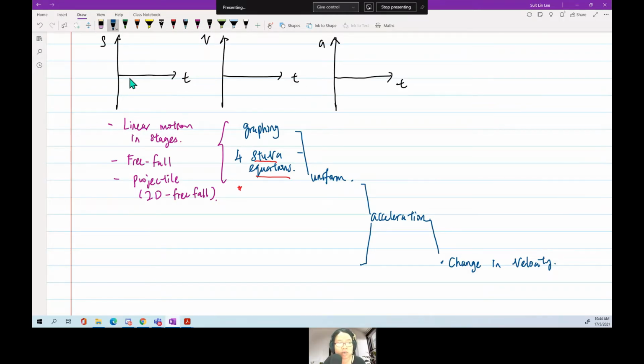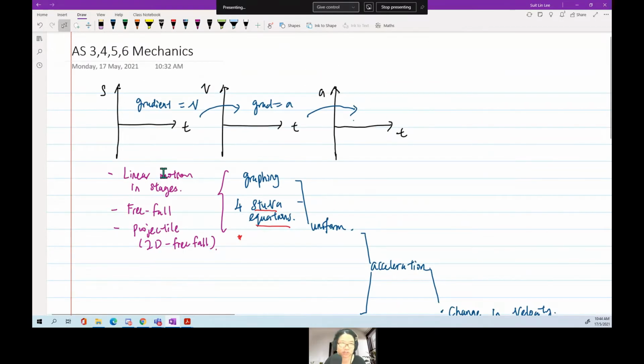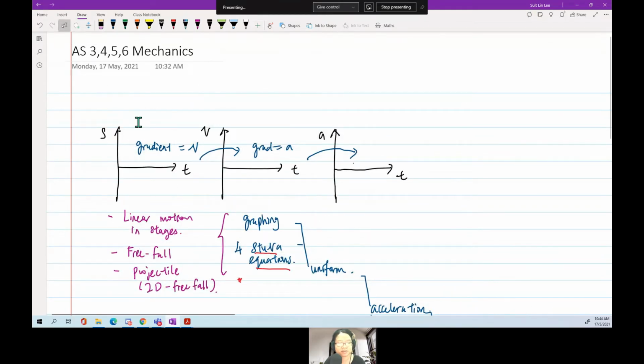Okay, so normally we look at this gradient to be equal to velocity. Okay, and this gradient is equal to acceleration. Why? Because of definition. So obviously you should know the definition of displacement and velocity and acceleration. So I'm going to just add more space and write the definition up here.